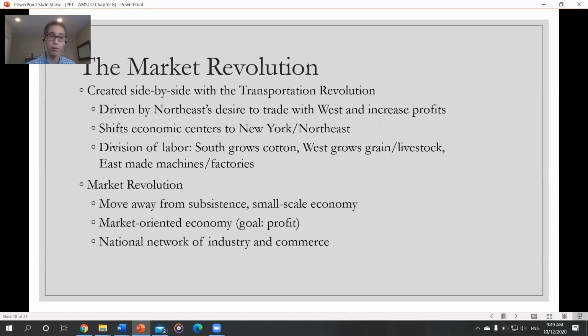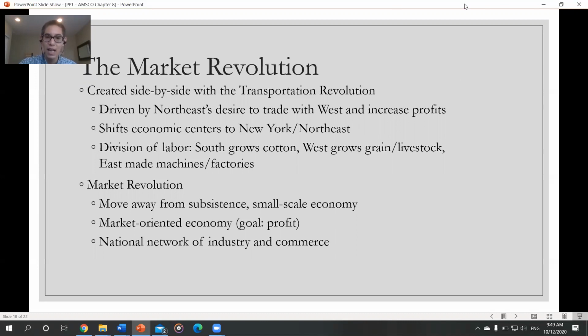Alongside the transportation revolution is also the market revolution. And this was basically driven by the North. They wanted to trade with the West. They wanted to make as much profit as possible. And so this led to a division of labor. Each region does their own thing. The South grows cotton. The West focuses on grain and livestock because they got all this land. And the East, they focused on manufacturing.